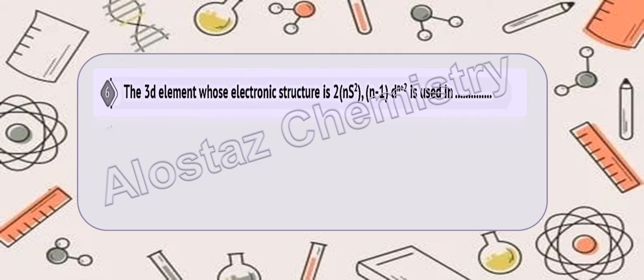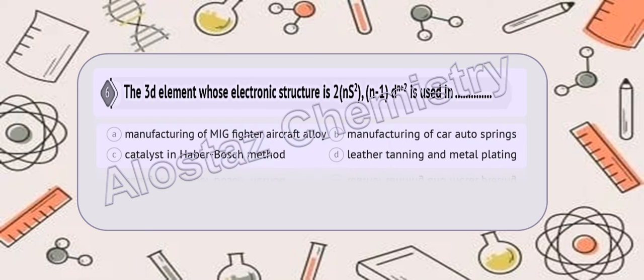Question 6 says that the 3D element whose electronic structure is ns^2, (n-1)d^(n+2), is used in... Okay, we have 2 electrons only in the S block, and the (n-1) D block containing n plus 2. Okay, we have the choices here.